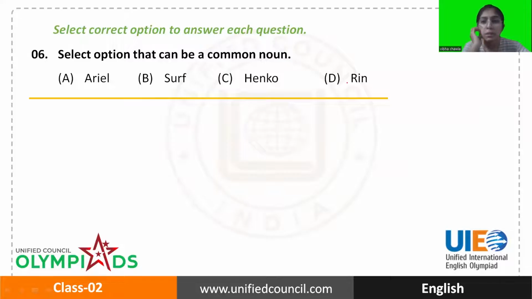Next up is question number 6. Select option that can be a common noun. Ariel, Surf, Henko, or Rin. Now see, Ariel, Henko, Rin, these are the proper nouns. These are the brand names of surf, right? Surf itself is a common noun.